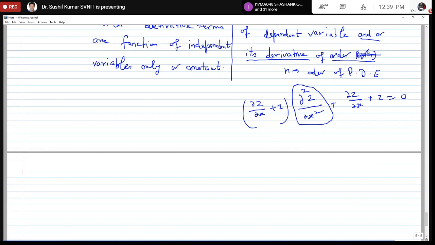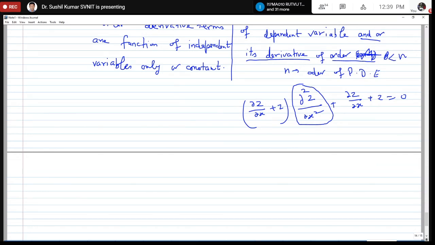Sir, it definitely cannot be the same order because then the equation will be non-linear. Yes, the condition will be violated. Yes, absolutely right. Its derivative of order less than n, not exactly n, less than n.